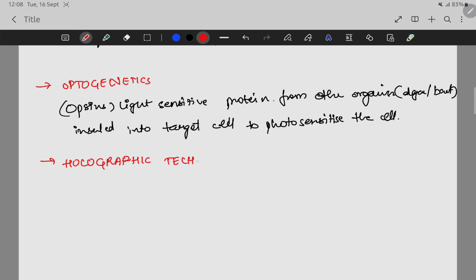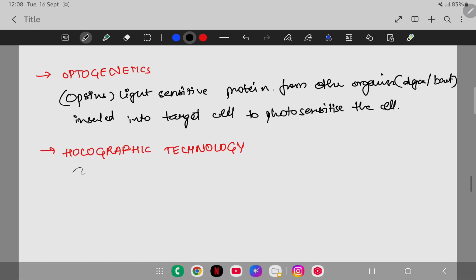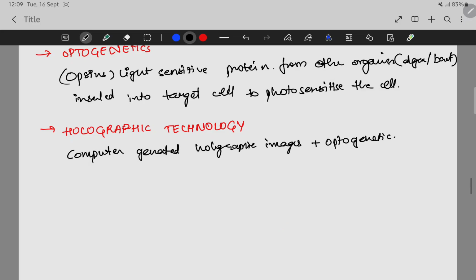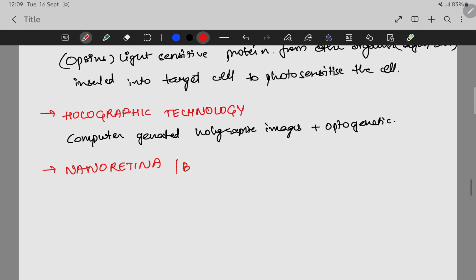And we have holographic technology. In this, computer generated holographic images are used along with optogenetics. And the newest one is the Nanoretina, or Bioretina.